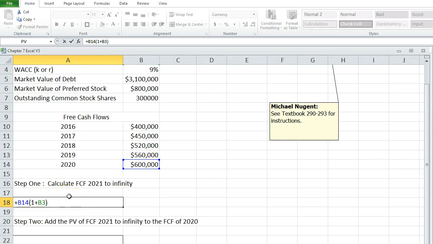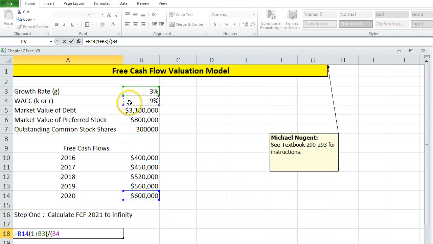Now to get the to infinity part, I'm going to have to next divide by our weighted average cost of capital, or what could also be known as our R, and subtract our growth rate, which is 3%, to get our value.